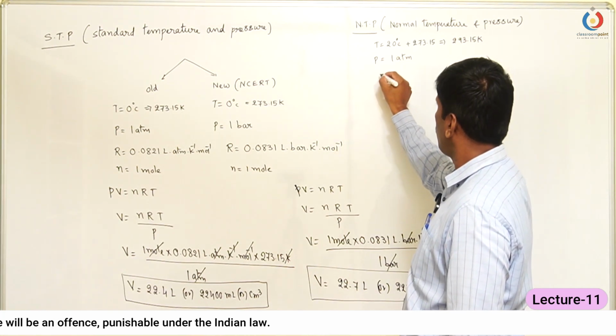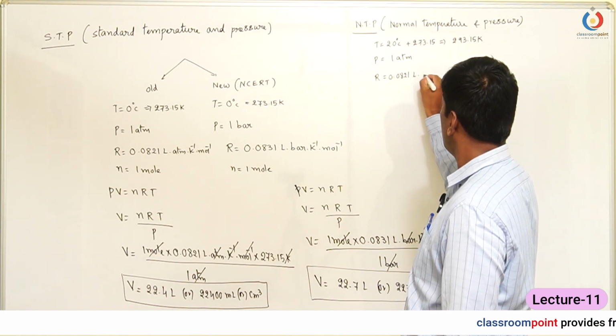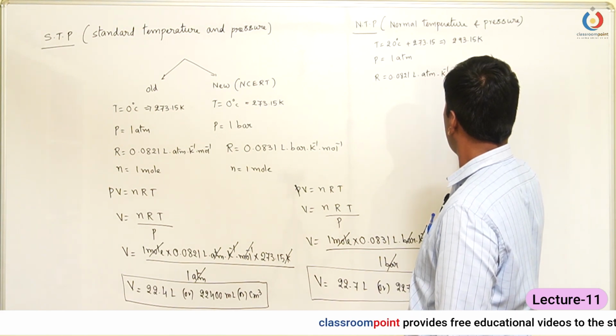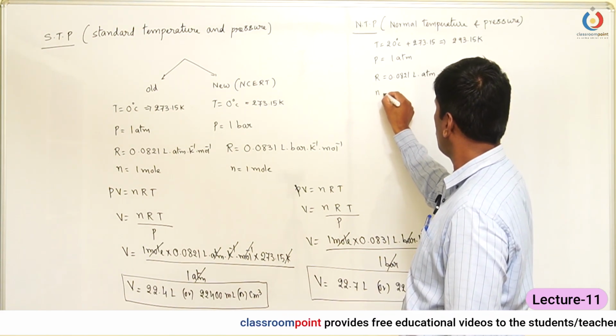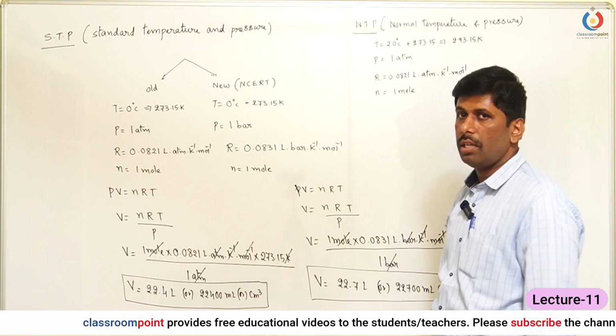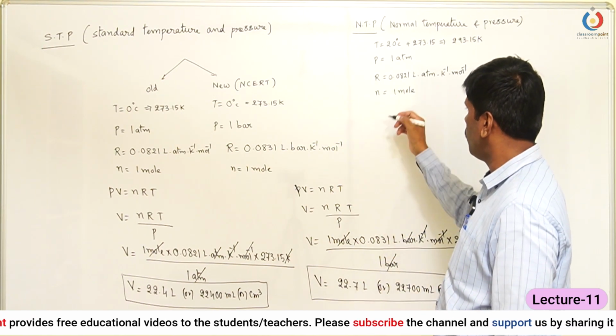And R value, universal gas constant, 0.0821 liter atmosphere per Kelvin per mole. Again, number of moles is 1 mole. Now let us calculate the volume of 1 mole of the gas at NTP.